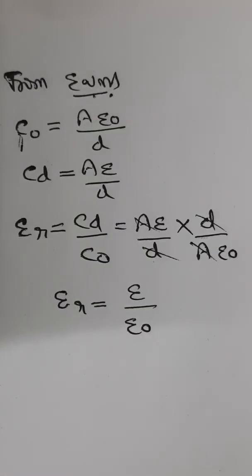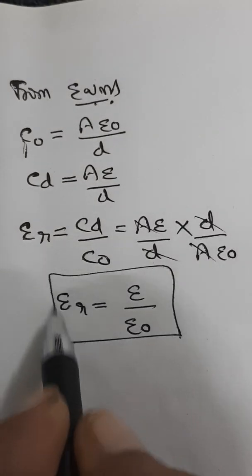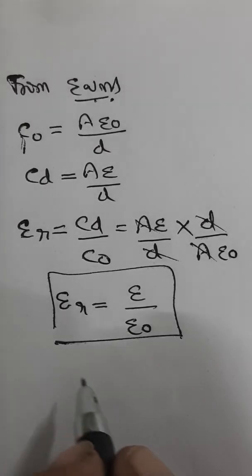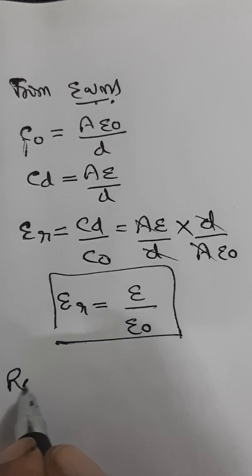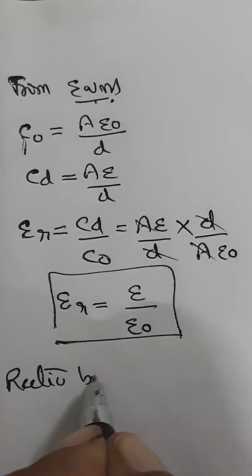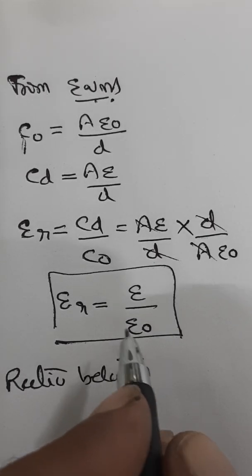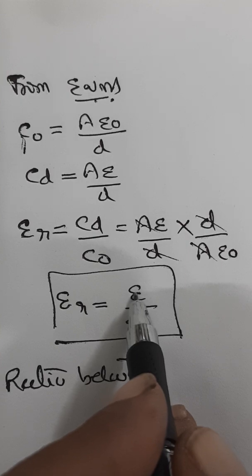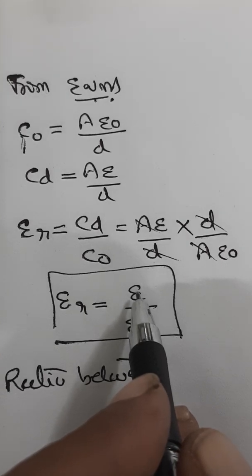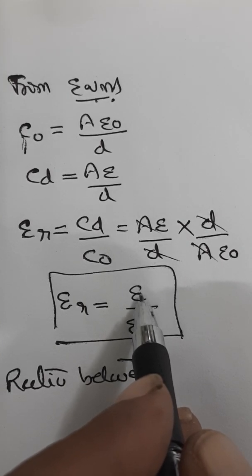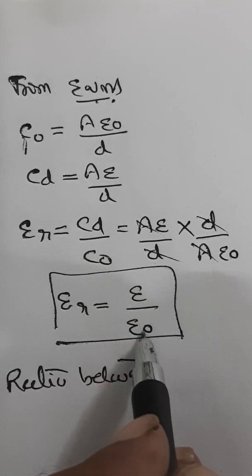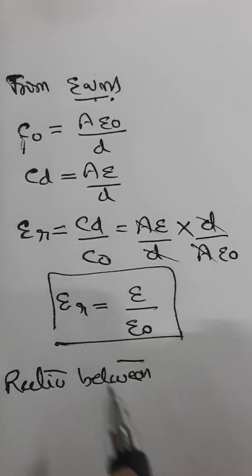Now again you can give yet another definition for dielectric constant. How do we get it? It is the ratio between, what is this? This is the permittivity of dielectric to the permittivity of free space.